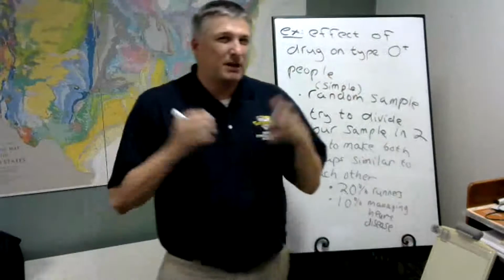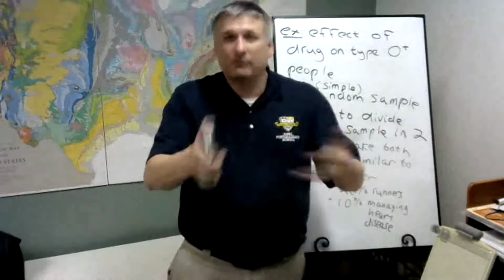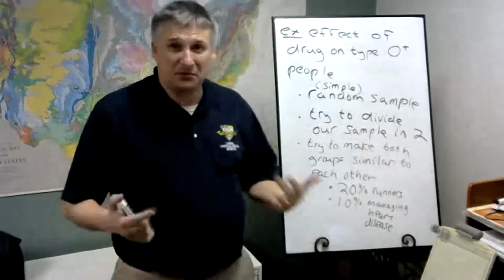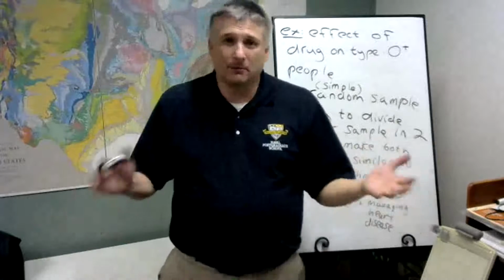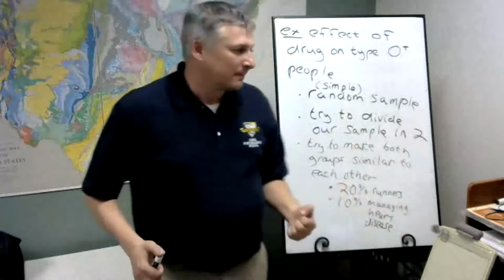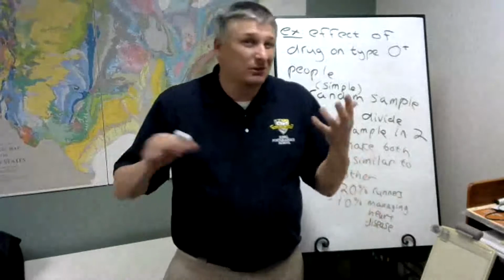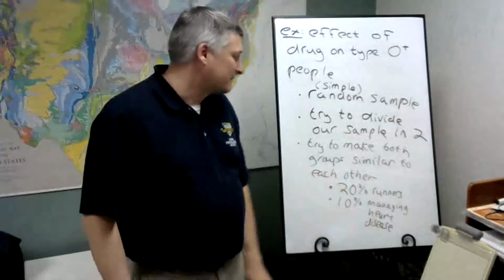But the thing is, there could be other characteristics that could be affected by this drug or could influence the effect of the drug that we don't see or we can't identify. Like running, we can just ask people, who's running regularly? All right, who has heart disease, but they're managing it? We can get that kind of information usually, but someone might not know if they have heart disease or not.